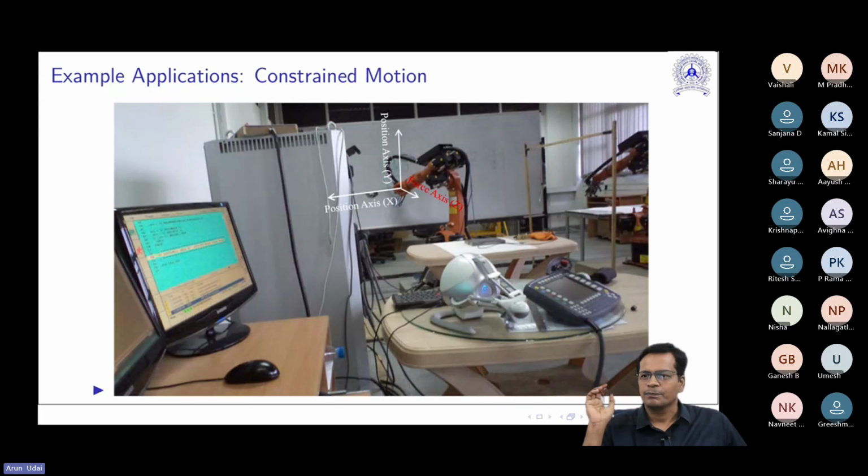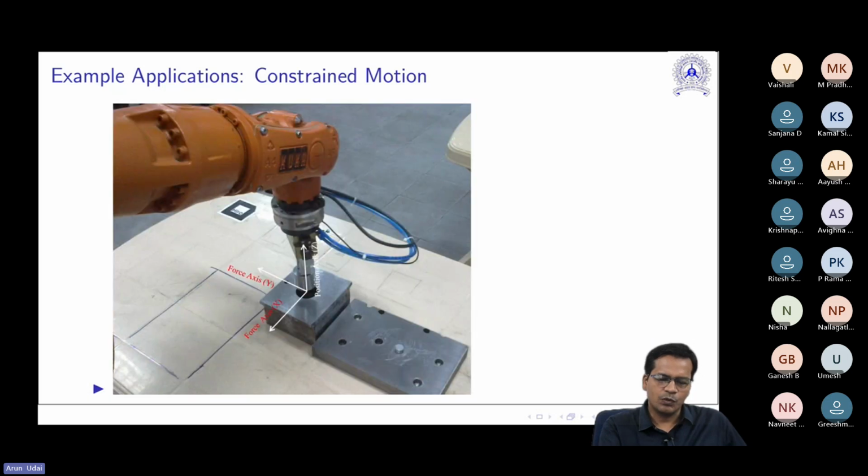So when the robot is moving on the plane, it cannot create any forces, so it can write on the surface, but it cannot get into the board. It is constrained and it generates a normal reaction force perpendicular to the board, right? So this is constrained motion. Again, the opposite constraint is when the robot is inserting a peg inside a hole. As soon as it gets inserted, what happens?